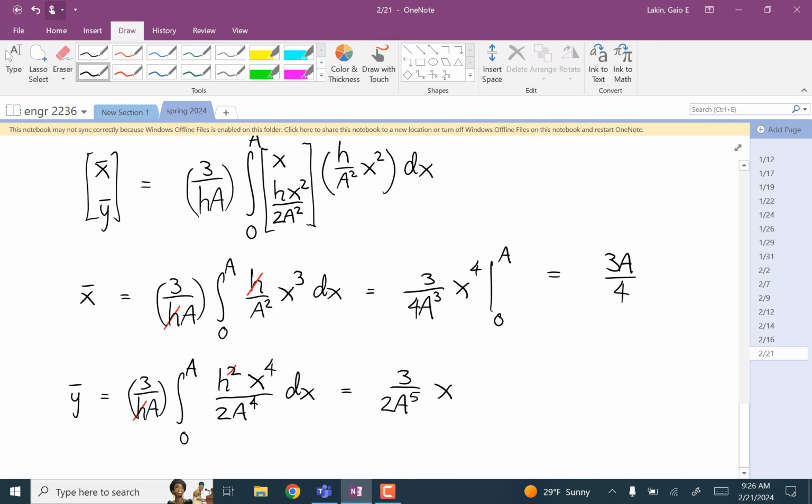X to the, so if I integrate that, this is x to the 5, and 2 times 5 gives you 10. So this, evaluated from 0 to a. A to the fifth.